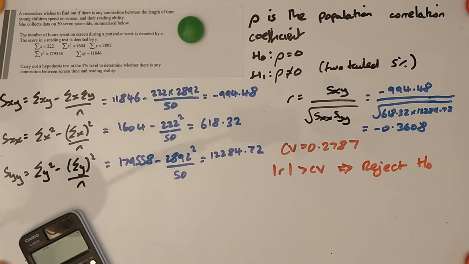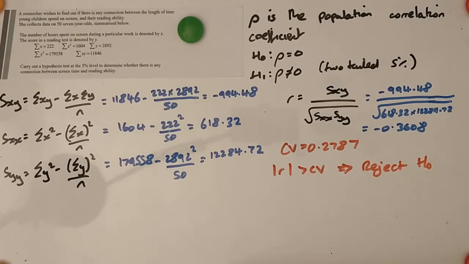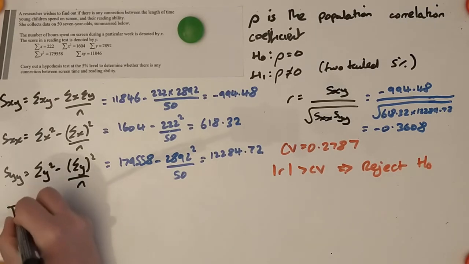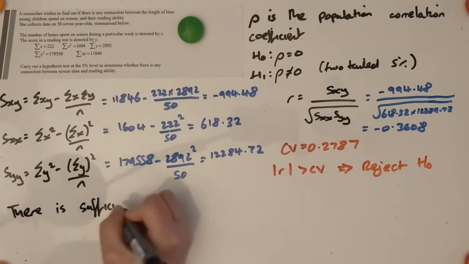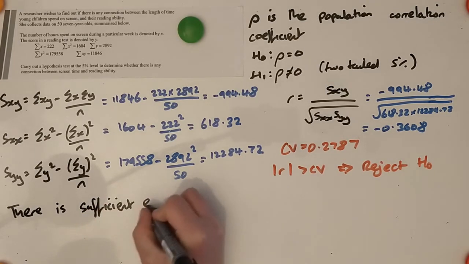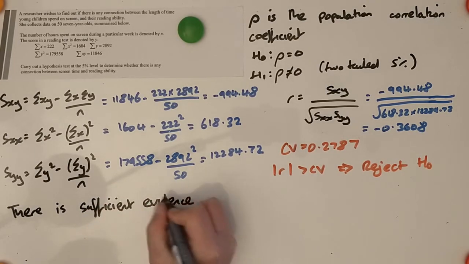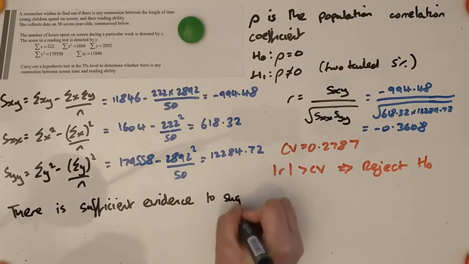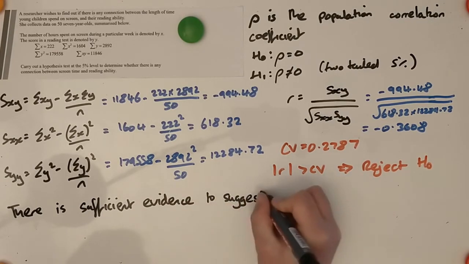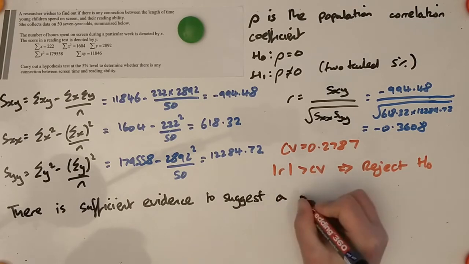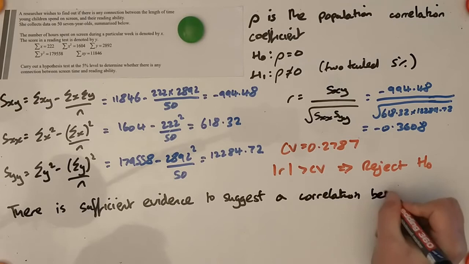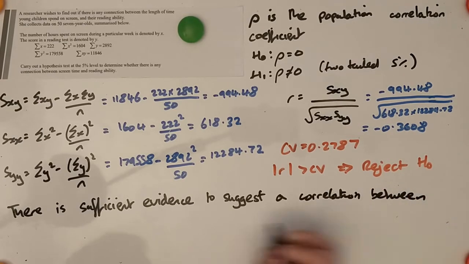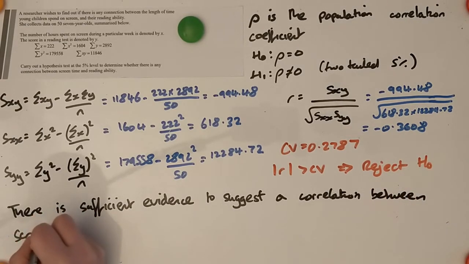Okay. Then I need my summative statement at the end. So my summative statement will be: there is sufficient evidence to suggest a correlation between screen time and reading ability.